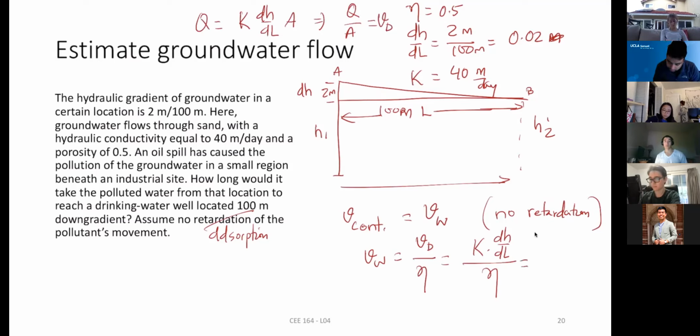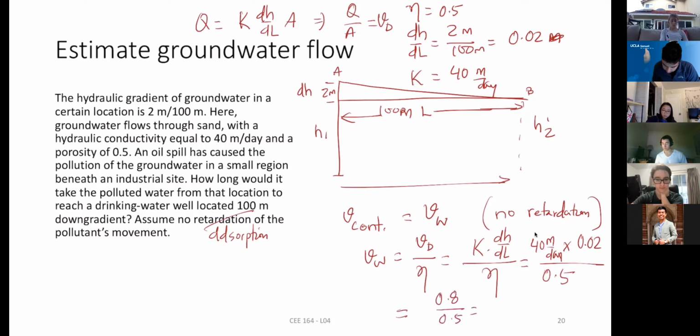All right, so K is 40 meters per day times dh over dl, 0.02, divided by porosity, 0.5. If you make that calculation, 40 times 0.02 is 0.8, and 0.8 divided by 0.5 is 1.6.